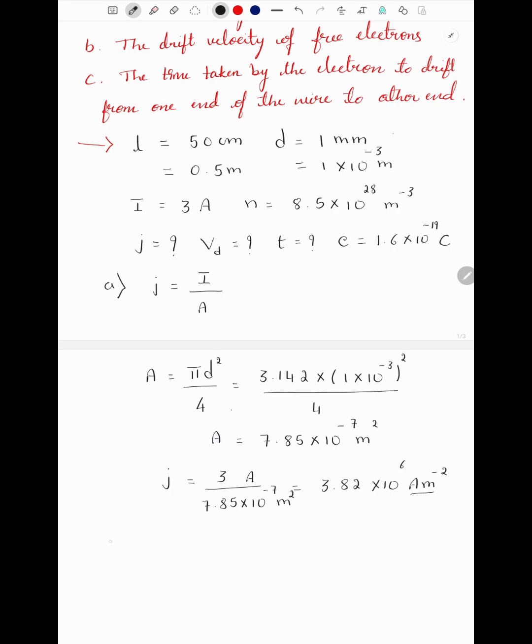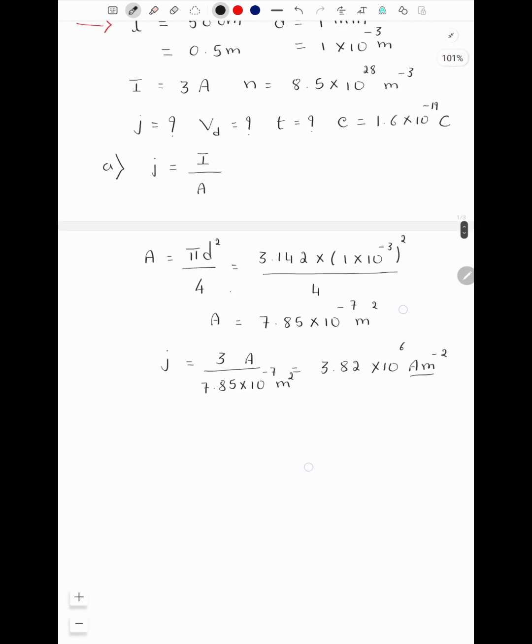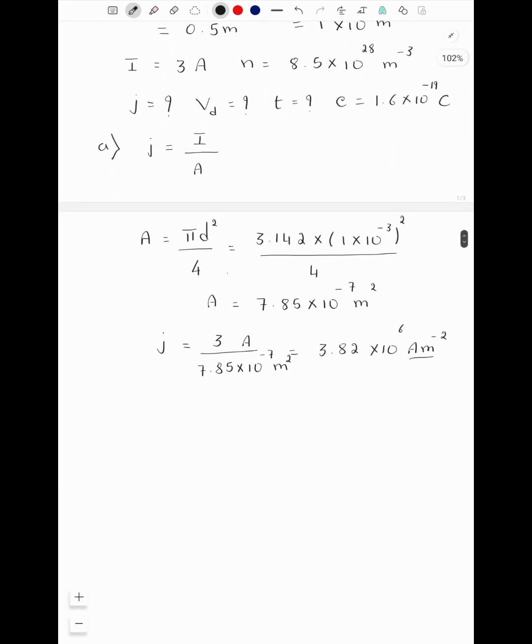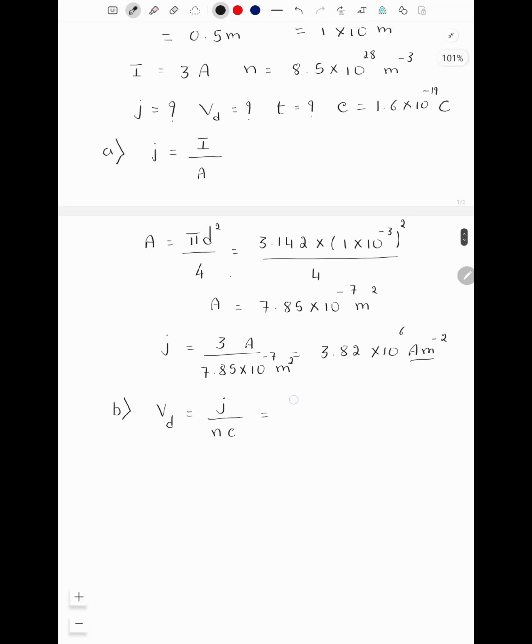The second, they have asked to find out Vd, the drift velocity. We know the formula for drift velocity: Vd is equal to J divided by N into e. J is the current density we just calculated.